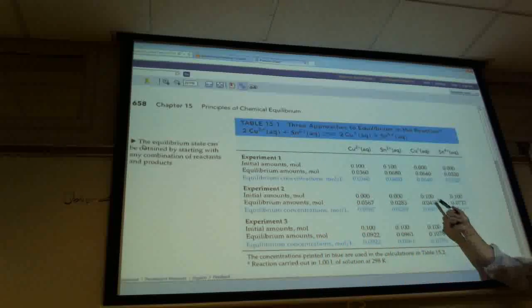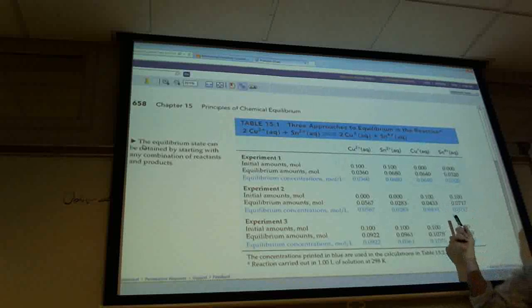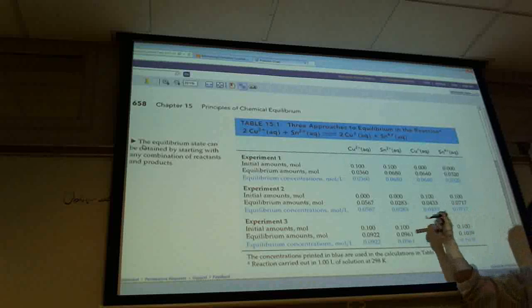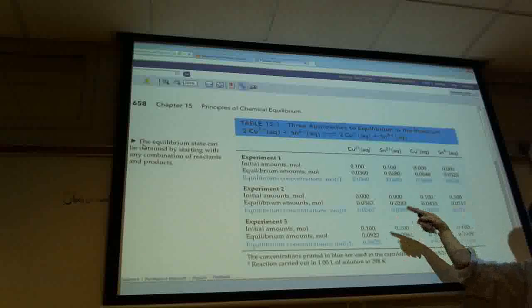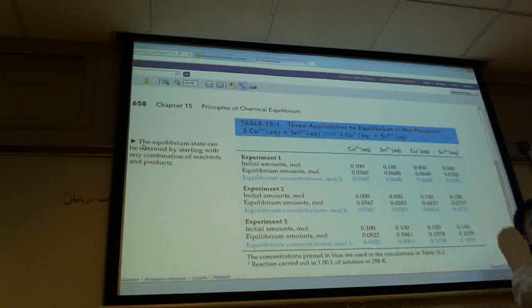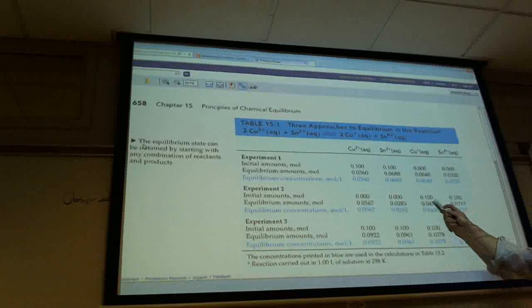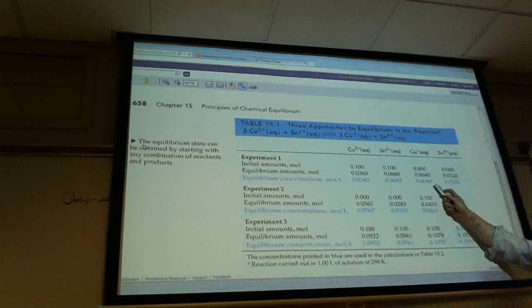Now, we take some more observations. If we start off with product, I'd probably only expect 34% reaction going backwards because I had 64% reaction going forward. Let's take a look at the limiting reactant here. What's the limiting reactant, copper or tin?